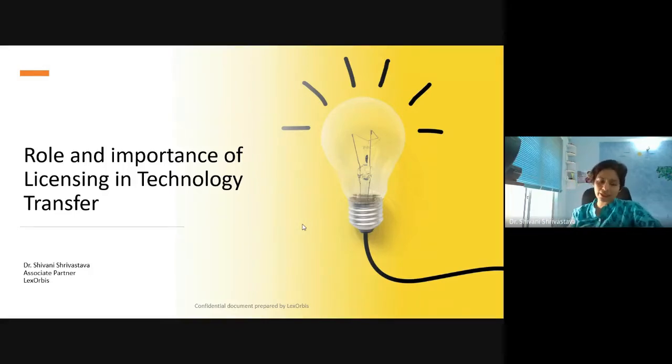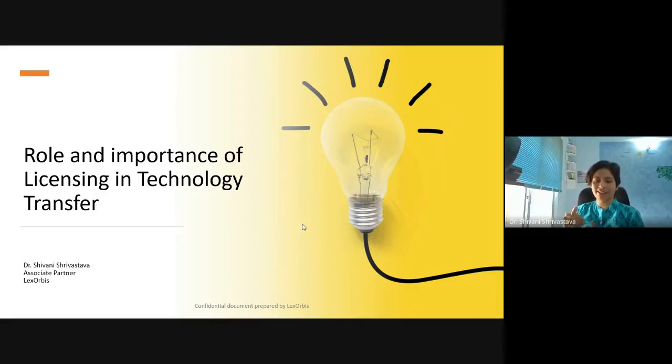So when we are talking about the role and importance of licensing in technology transfer, first, what is technology transfer? In very simple, layman language, I can say it is transferring the technology from laboratory to market. When research scholars work in the lab and do a lot of research, their objective is to publish the paper, and then it's done.